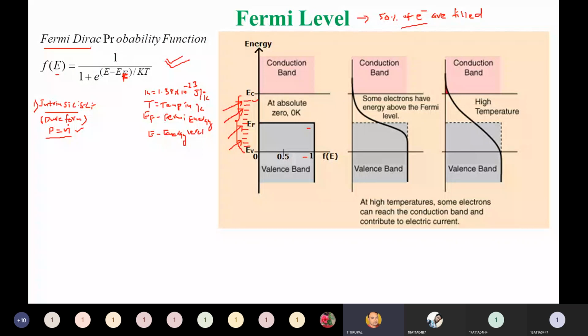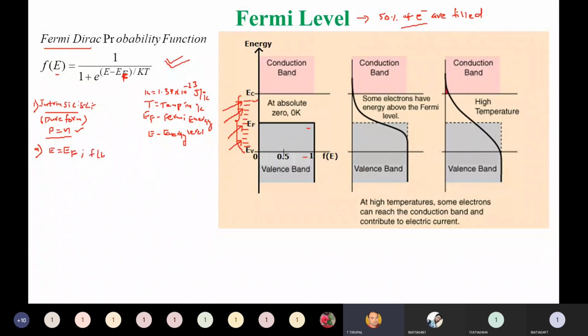Right? Now, for example, in an intrinsic semiconductor, if the energy applied is equal to the Fermi energy level EF, very important points regarding competitive exams. If the energy applied is equal to the Fermi energy level, then what is the probability of finding an electron?